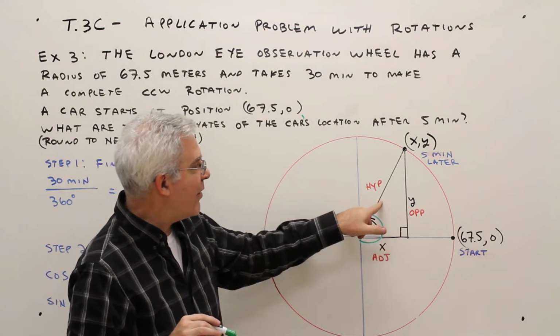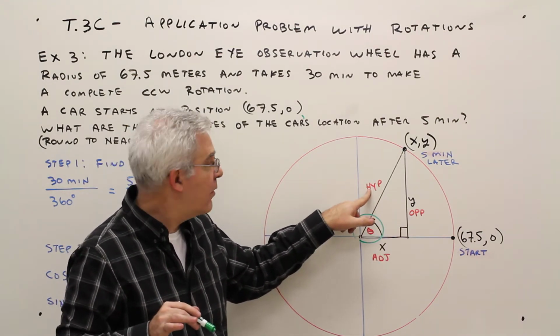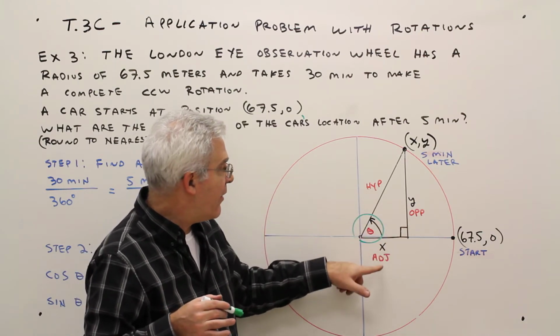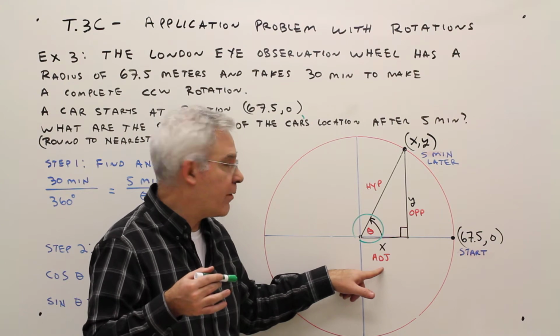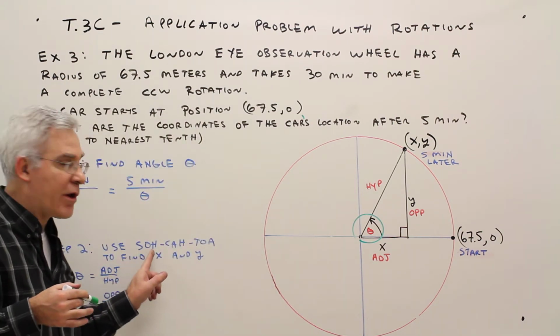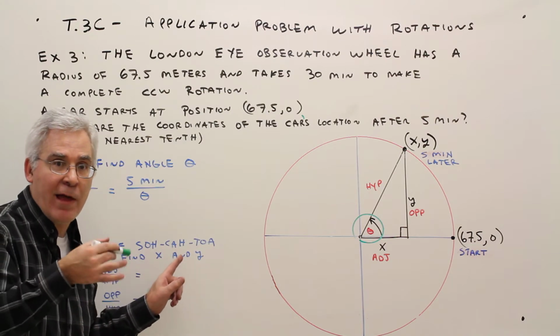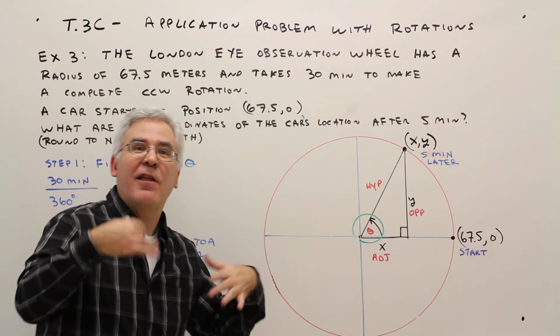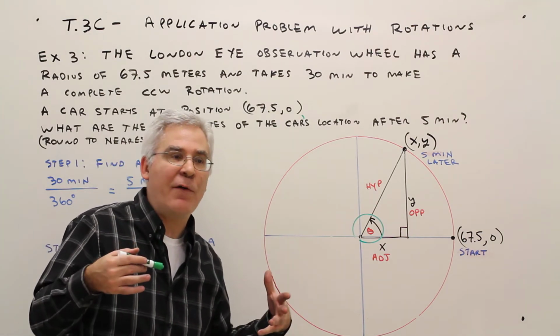So opposite the 90 degrees is always the hypotenuse. Opposite the reference angle is the opposite, and then the adjacent is the last one. Okay, and then recall we've got SOHCAHTOA. I'll go over that more. So first step, we want to find the measure of this angle, then we'll use trigonometry to solve the problem.